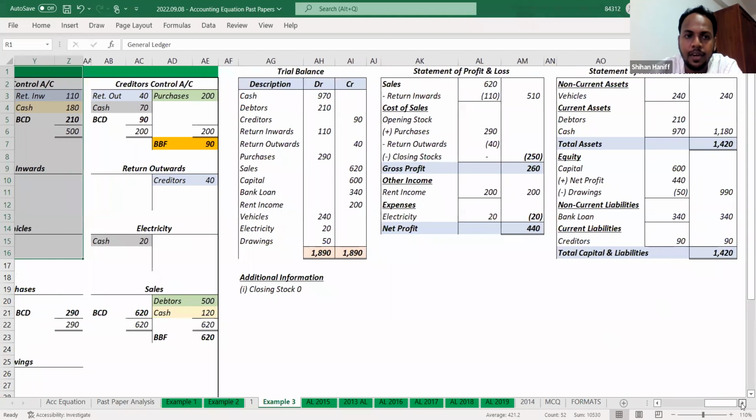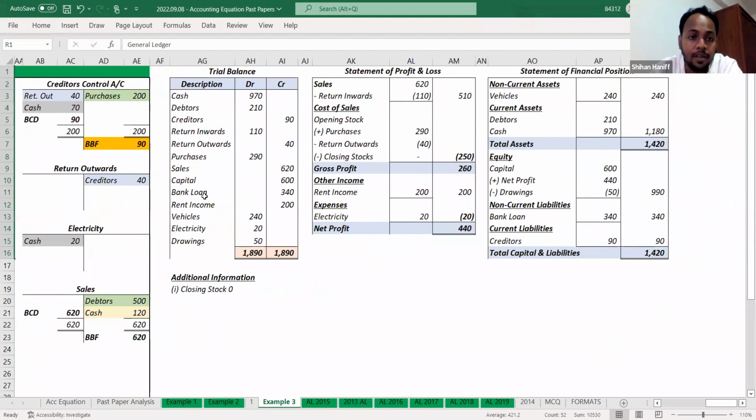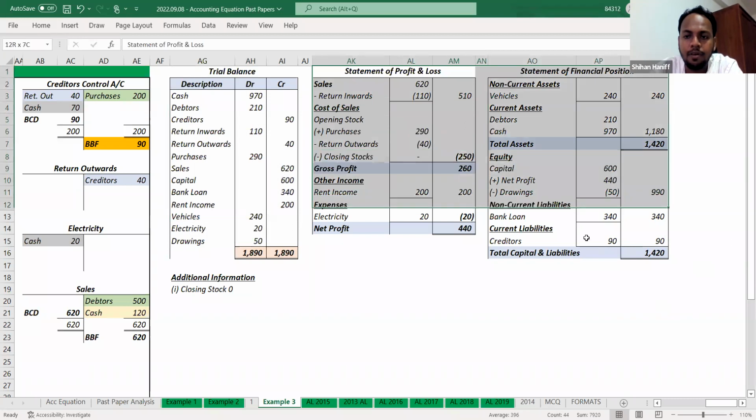From the general ledger, we got the closing balances to the trial balance, and from the trial balance we prepare the statement of profit and loss and the statement of financial position. So we did that complete process from transactions to preparation of financial statements.